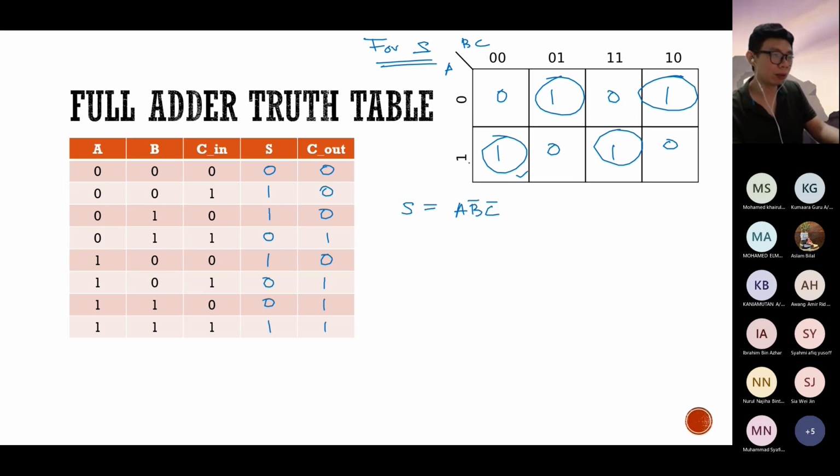Now let's write for this one: A bar, B bar, and C. The third one is A, B, C. And the last one is A bar, B, and C bar. Okay, so this is our equation over here.